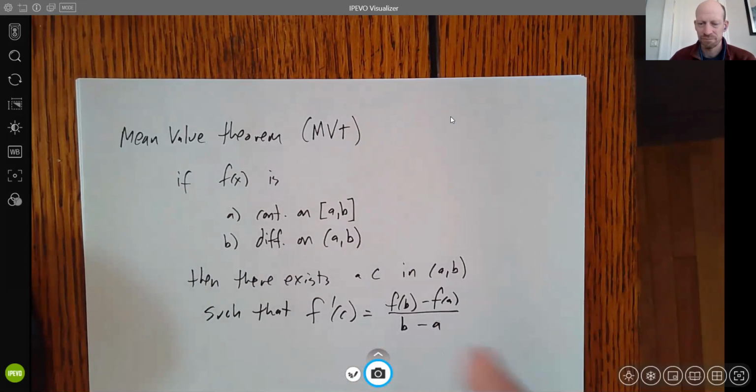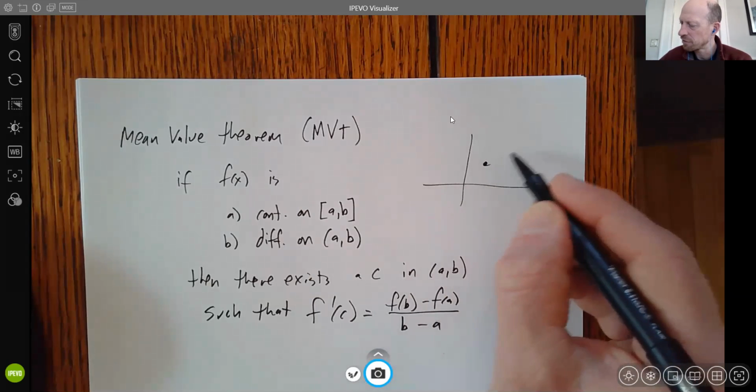And don't get thrown off because it looks like a lot of symbols and letters. You know what that is. That's just the slope between those 2 points. So what this says is that the derivative is equal to the slope between the 2 endpoints.